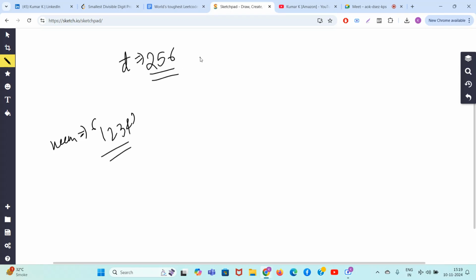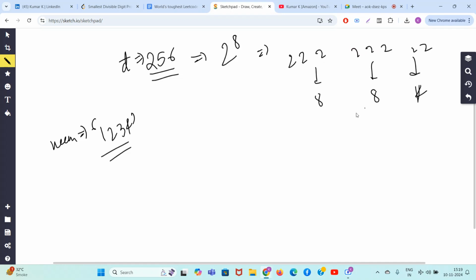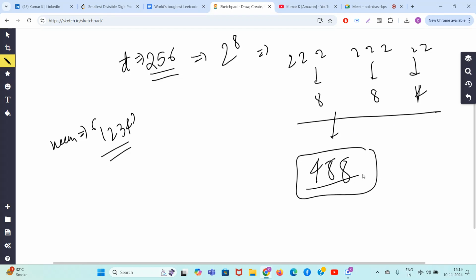No matter how difficult this problem is, I will make sure that you understand. It looks like 2 raised to 8, which is 2 2 2 2 2 2 2 2. This can turn into 8, this can turn into 8, this can turn into 4. So the answer is 488. 488 is the smallest representation.